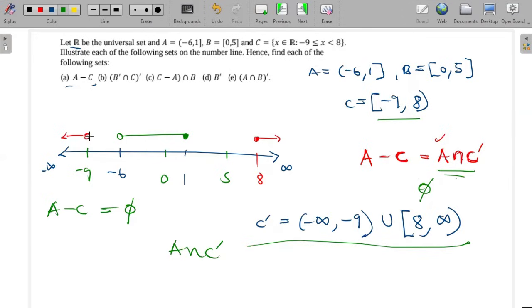You see that the C complement is a union of two sets. Anything here in between is not in the C complement. You understand, right?